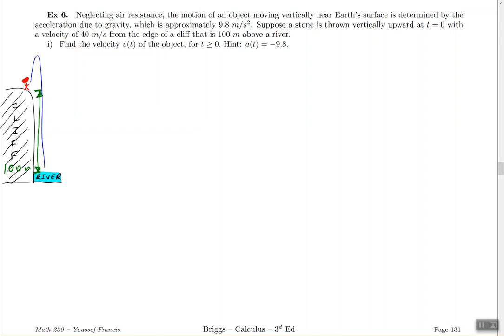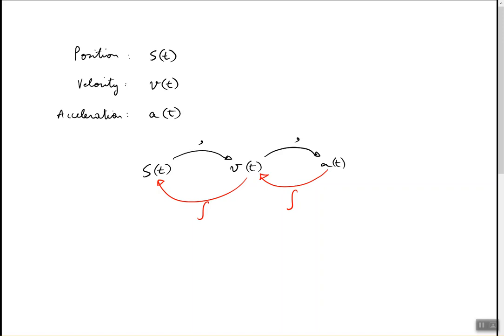Now the question is, what's the velocity function, v of t, of the rock? And the hint is that the acceleration is negative 9.8. So the solution is going to look something like this. Earlier we said that if you have the acceleration and you want the velocity, all you have to do is take the antiderivative.